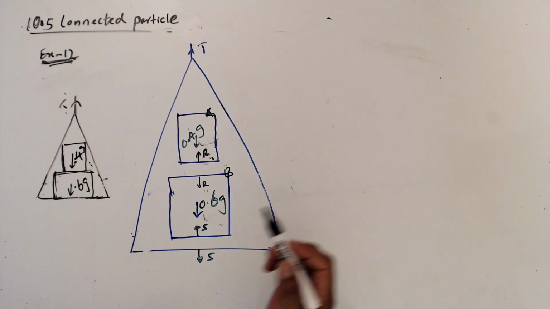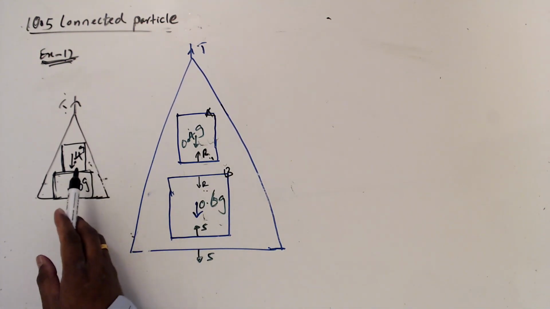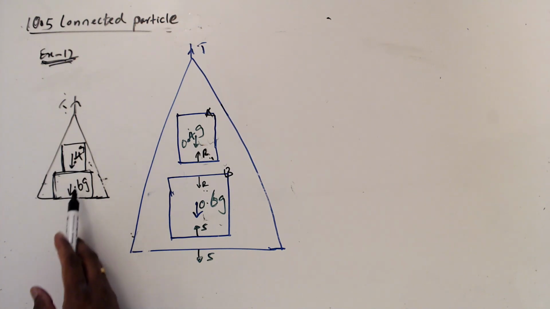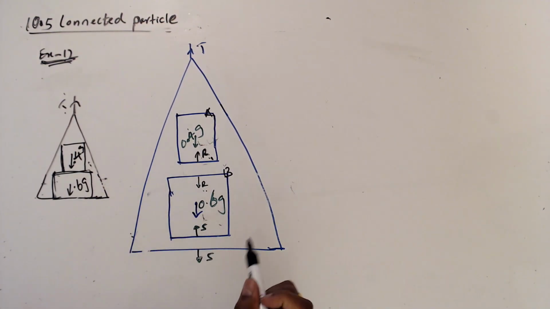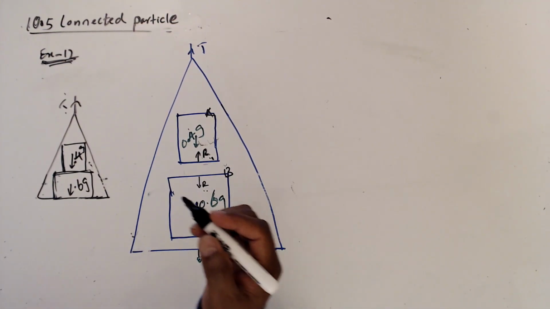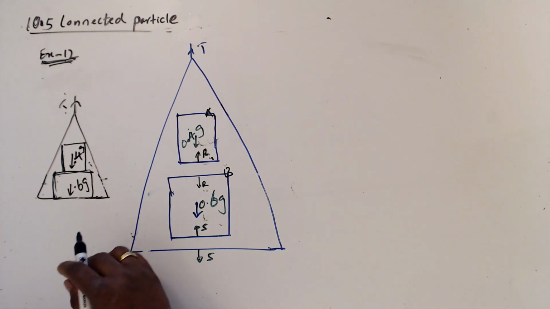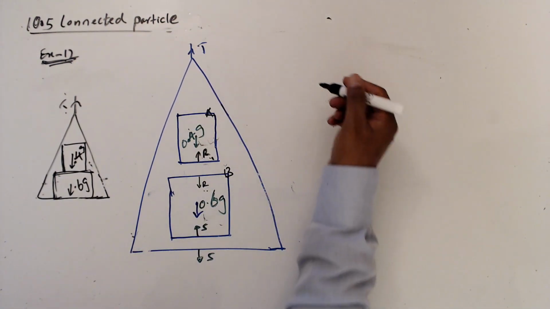Let's consider example 12 now with the acceleration. I adjusted the values to 0.4, 0.6, so I worked with 400, 600. That's fine. Now we'll consider the whole system, or we'll consider separately.